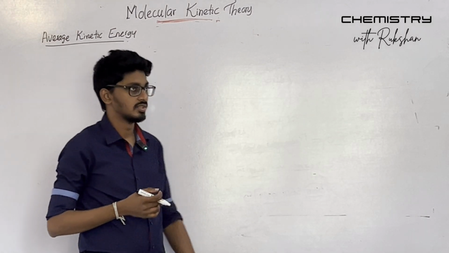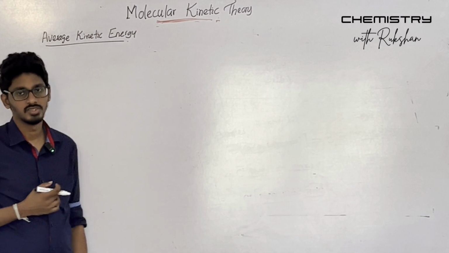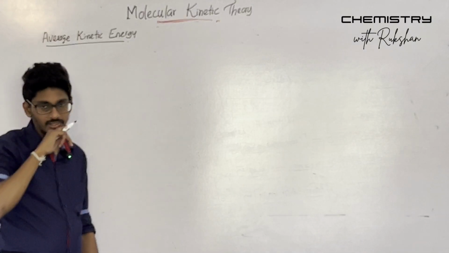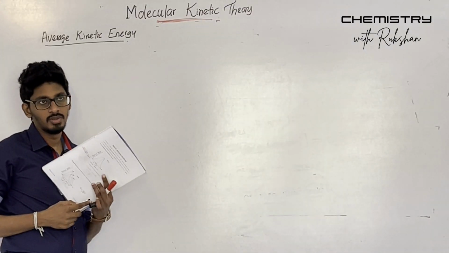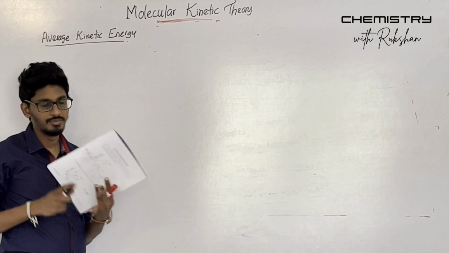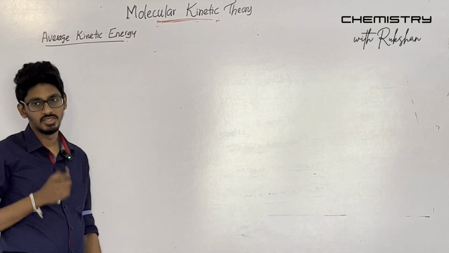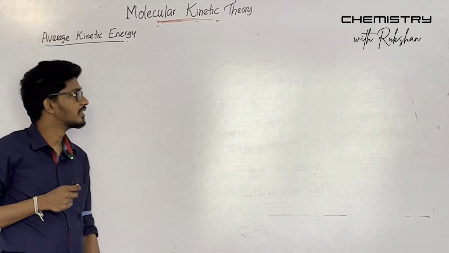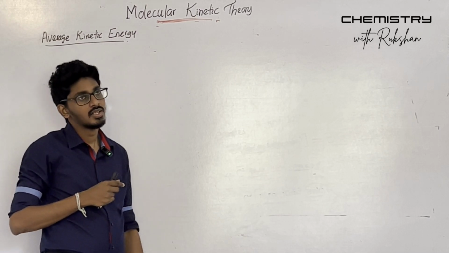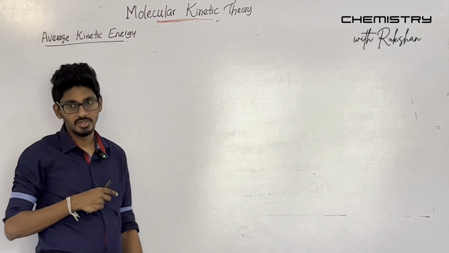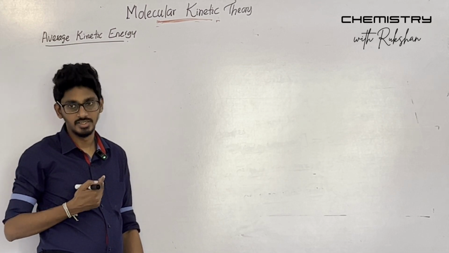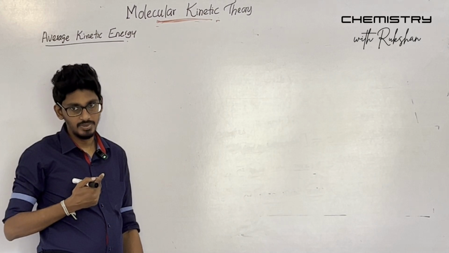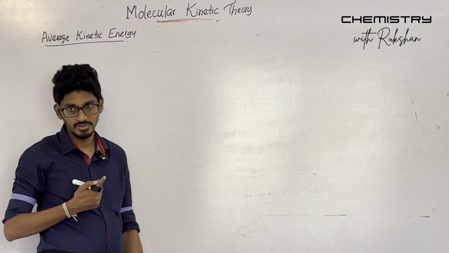Actually, we went through this equation at the beginning of the lesson. If you remember the fifth assumption about ideal gases, there we said that the average kinetic energy of an ideal gas depends only on the absolute temperature.